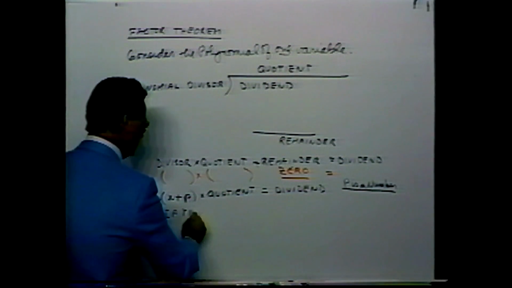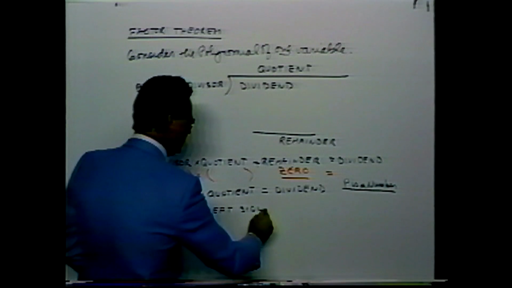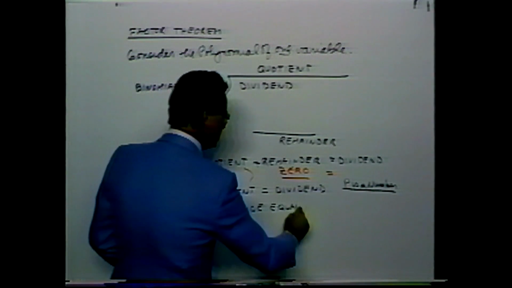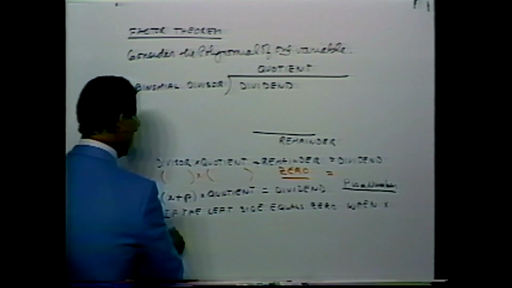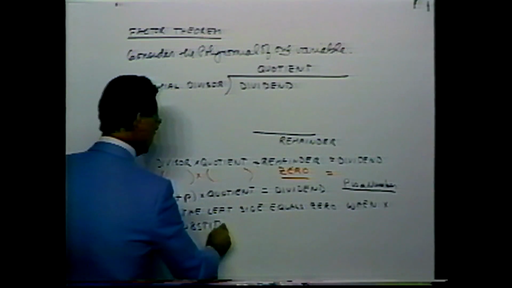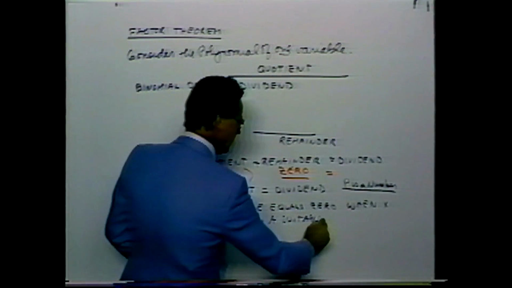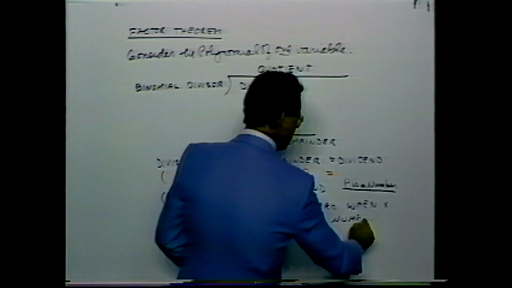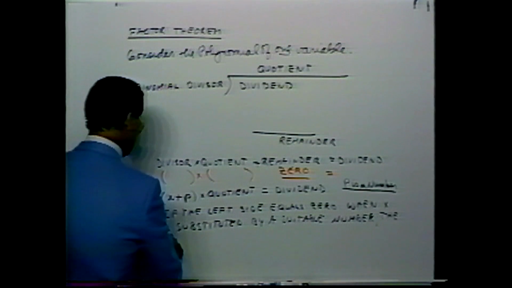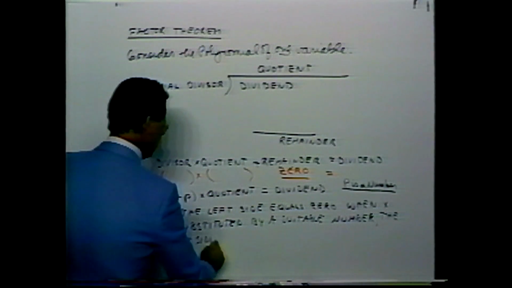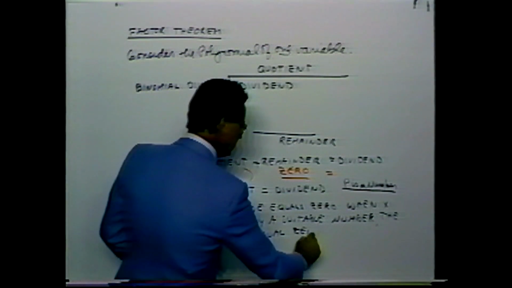If the left side equals 0 when x is substituted by a suitable number, the right side will equal 0 also.